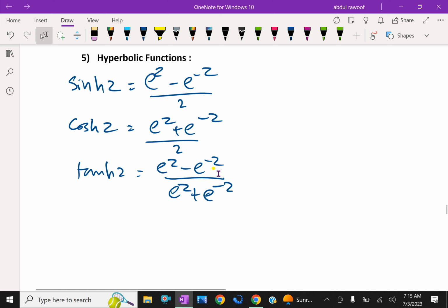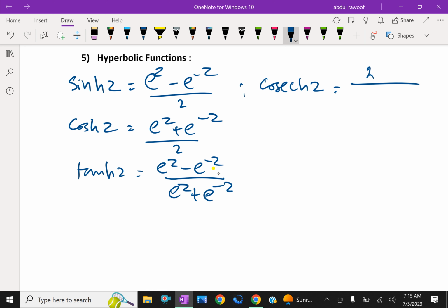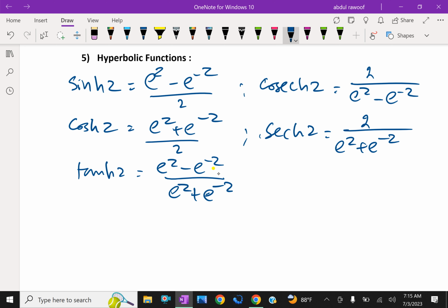For reciprocals, cosecant hz equal 2 over e power z minus e power minus z. Same for secant hz equal 2 over e power z plus e power minus z.